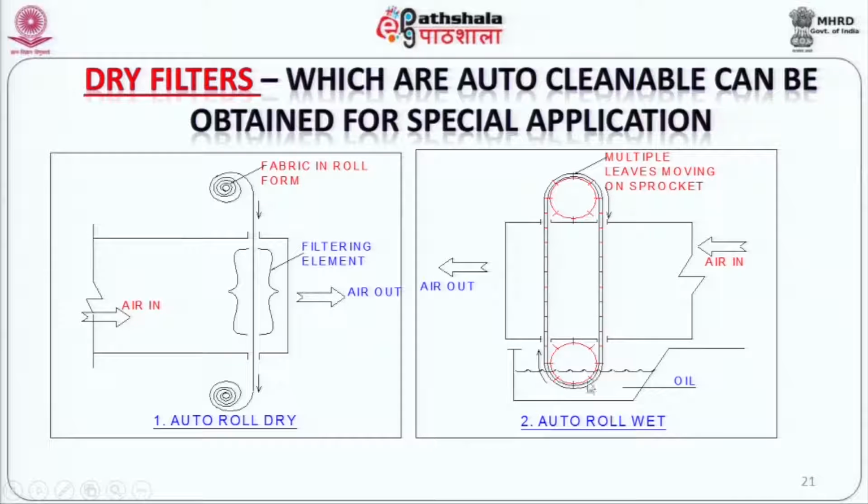They rotate and a part of them goes into a cleaning fluid, maybe an oil, maybe water, and these filters keep moving down, pick up dust, and go through a water receptacle. At that point, they deposit all the dust and go back as clean filters to come in as a recyclable element. Now, these are called auto roll filters. These are generally used for continuous processes. They allow zero downtime and continuous usage.